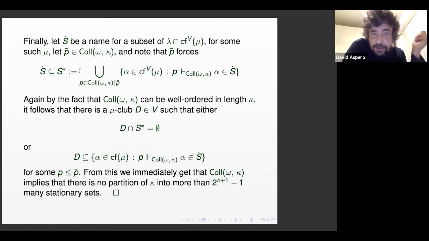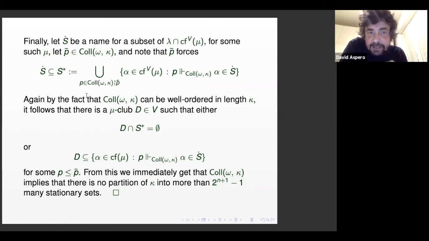Suppose you have this name S dot for this stationary set, and note that p bar forces that this stationary set is contained in the set S star of all the things that are forced to be in S dot by some condition extending p bar, obviously. Okay, which is a stationary set in the universe.